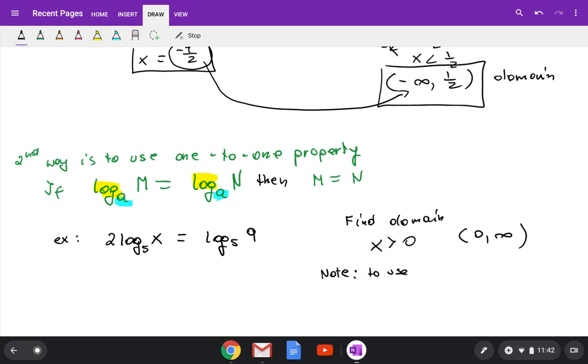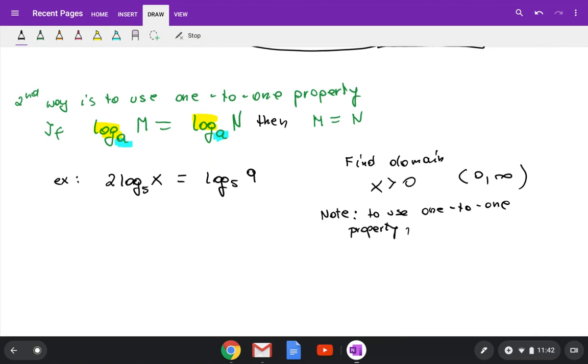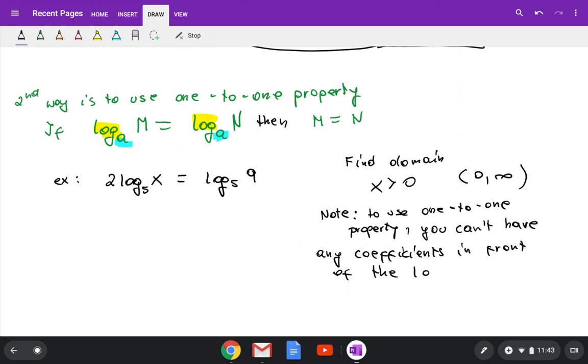To use the one-to-one property, you can't have any coefficients in front of the logarithm. In this case, I should not have 2 in front of the log.